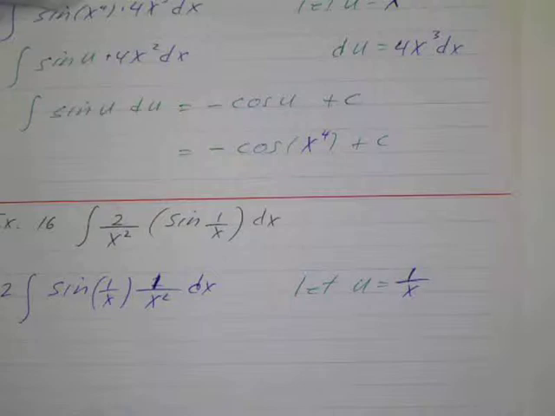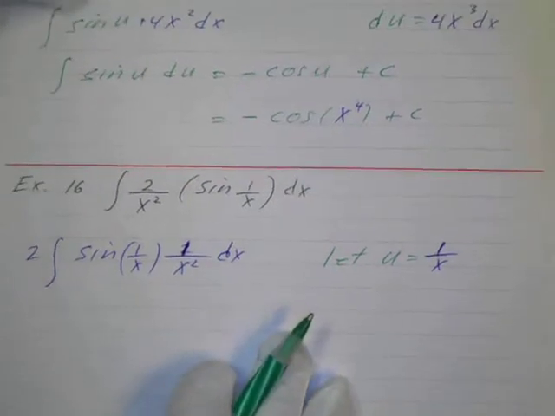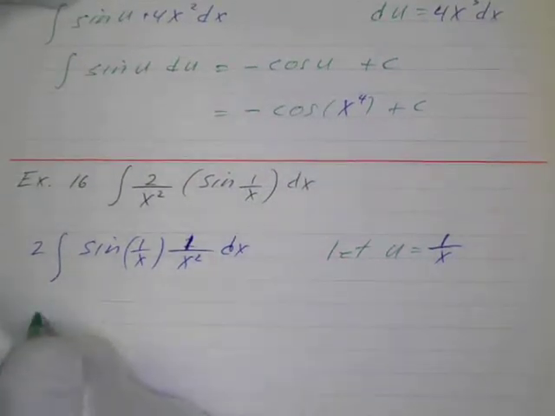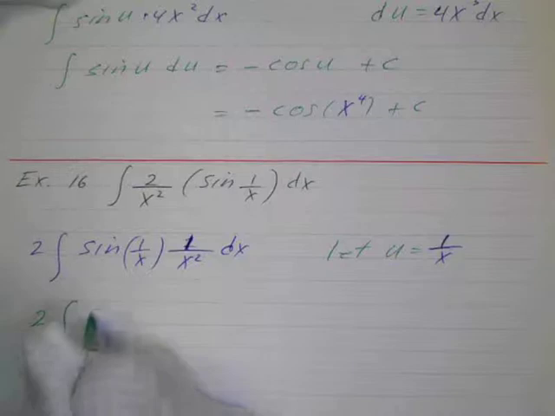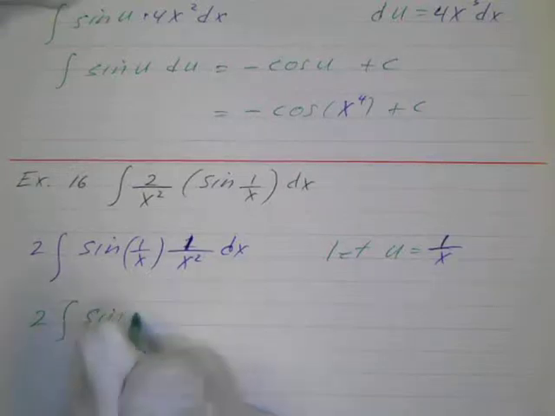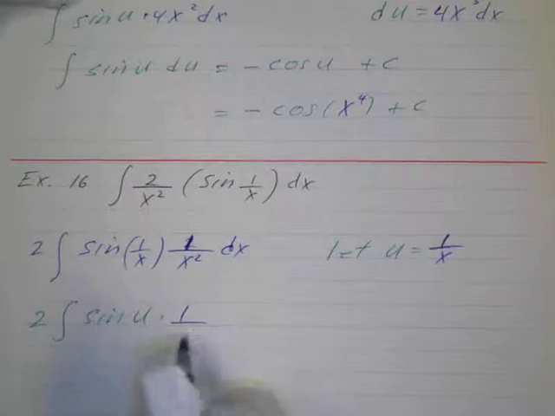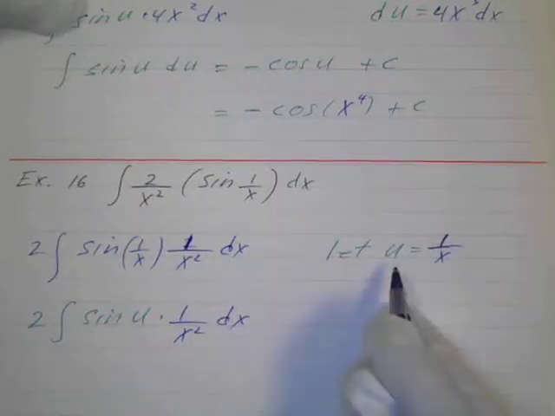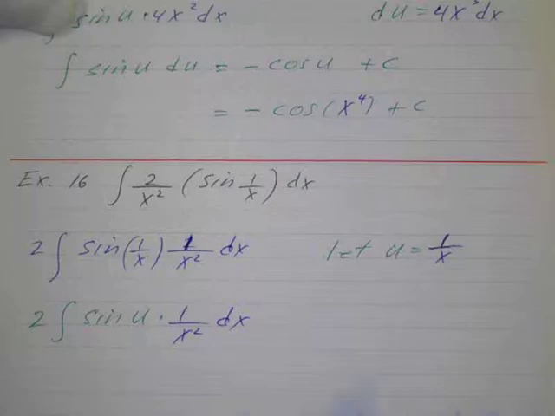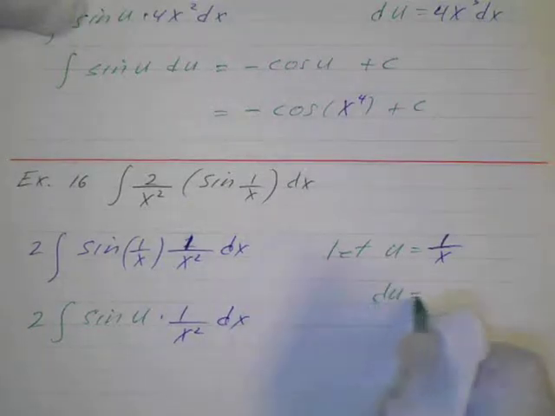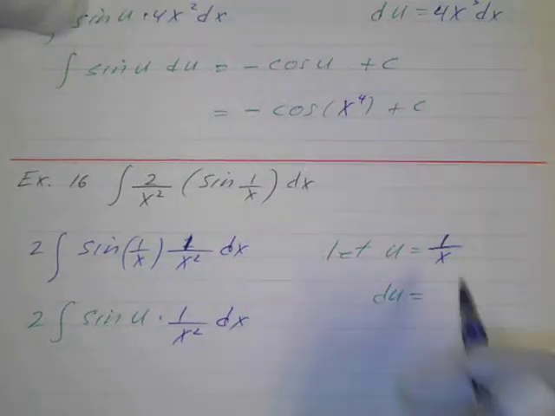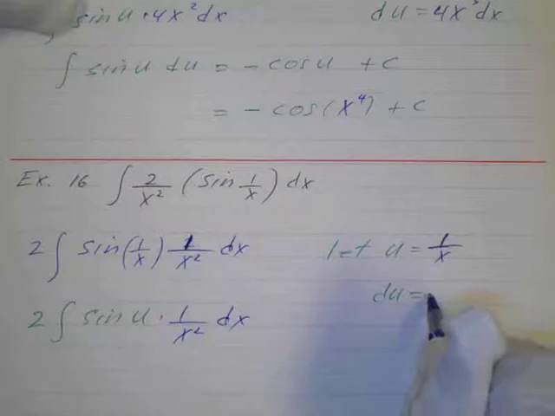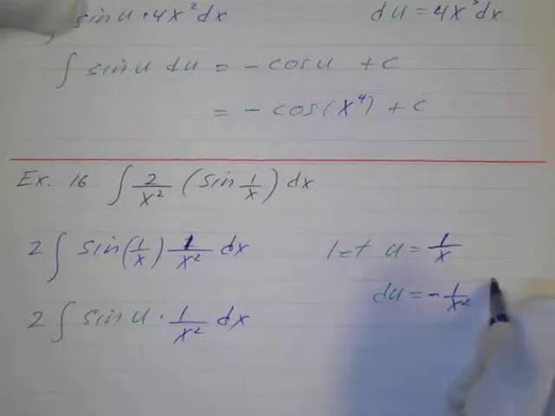We can rewrite this now: 2 times the integral of the sine of u times my 1 over x squared dx. So now I've got to get a du, so I'll take the derivative of both sides over here. If I take the derivative of u, I get du. If I take the derivative of 1 over x, what do I get? Negative 1 over x squared dx. Remember, this was actually on one of our flashcards.